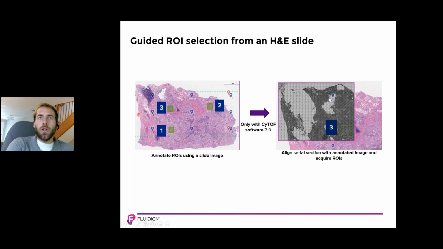You can see here we have this hole in the tissue, and a very similar hole in the tissue here in the H&E. We can line those up, and where you specified ROI3, ROI3 is going to be there once everything's co-registered and your image is then ready to acquire.